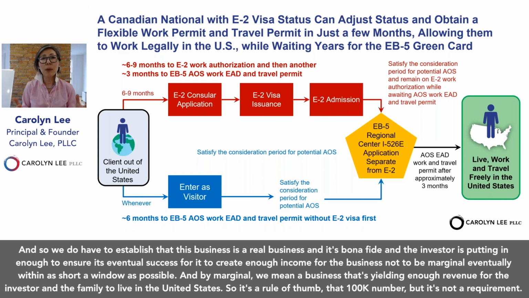And so we do have to establish that this business is a real business and it's bona fide, and the investor is putting in enough to ensure its eventual success, for it to create enough income for the business not to be marginal eventually, within as short a window as possible. And by marginal, we mean a business that's yielding enough revenue for the investor and the family to live in the United States. So it's a rule of thumb, that 100K number, but it's not a requirement.